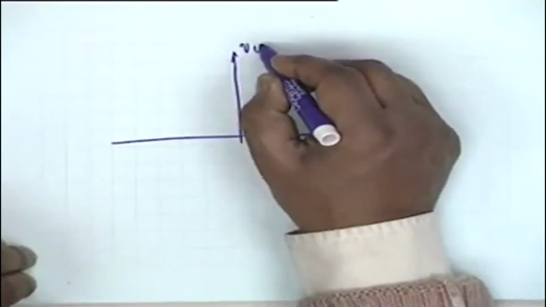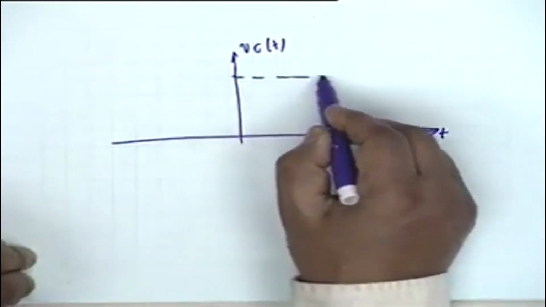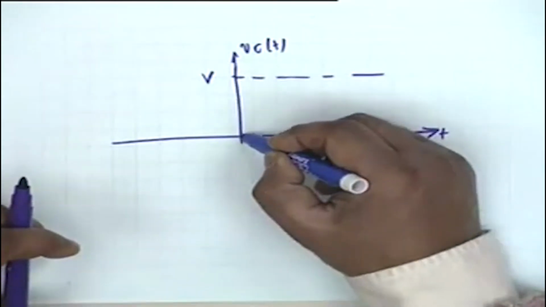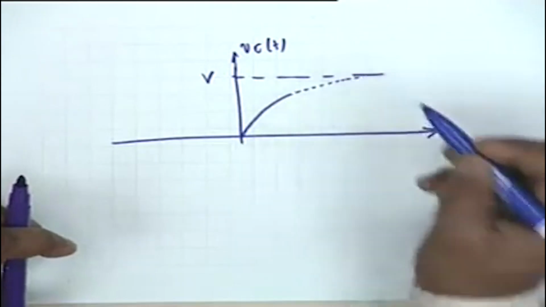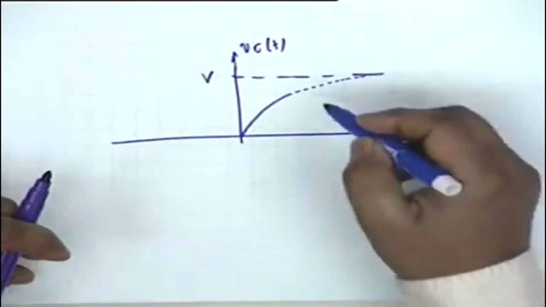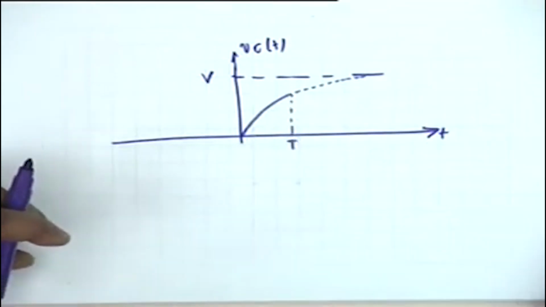V sub C of t versus t, and let us say this is capital V, then the voltage across the capacitor would have risen like this and would have gone to capital V at infinite amount of time. Now at this point, when the time is capital T, what happens?